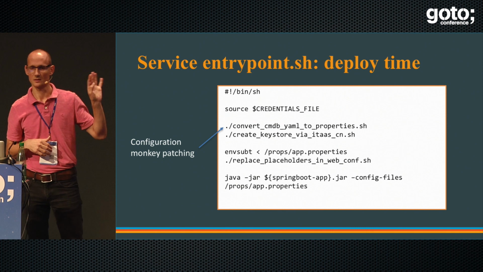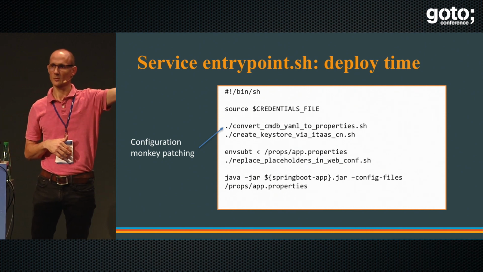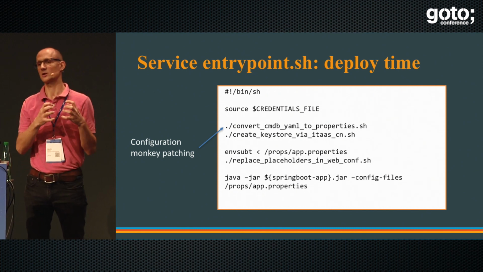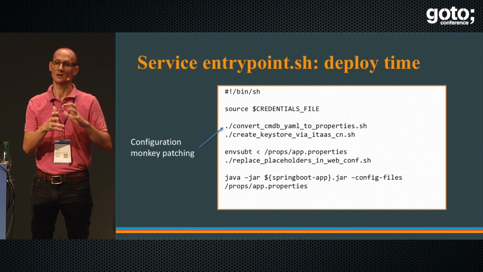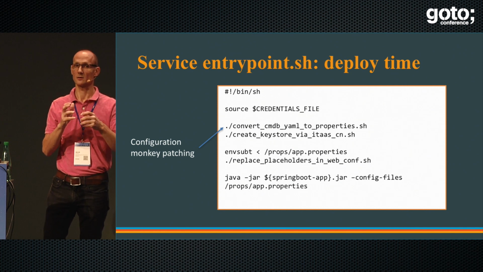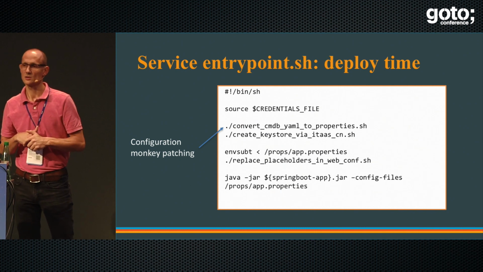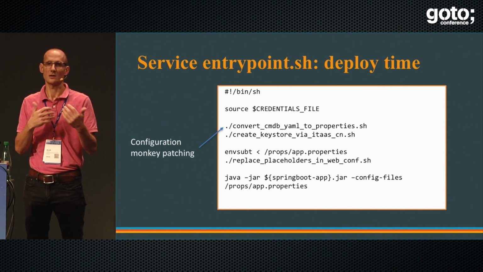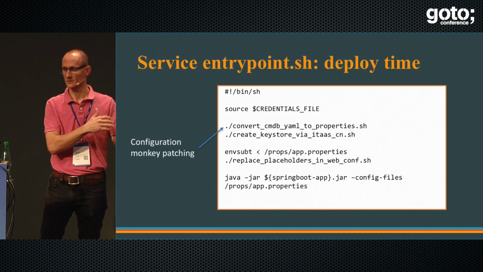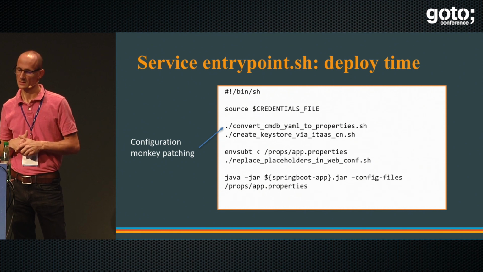This is exactly what this entry point does when we say convert CMDB YAML to properties. It's just a script behind that, and it pulls the configuration out of the Git repository, converts that into different properties files, and feeds that into the Spring Boot application, or we can even subst that into our shell script if you want. And it works very, very nicely.